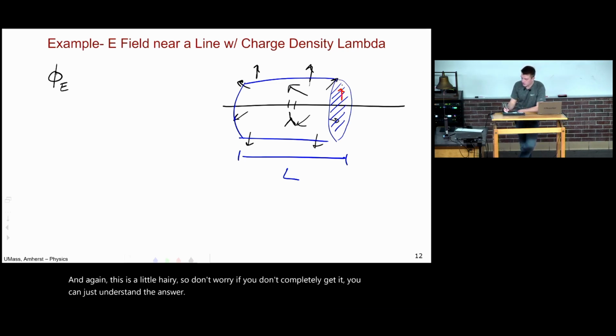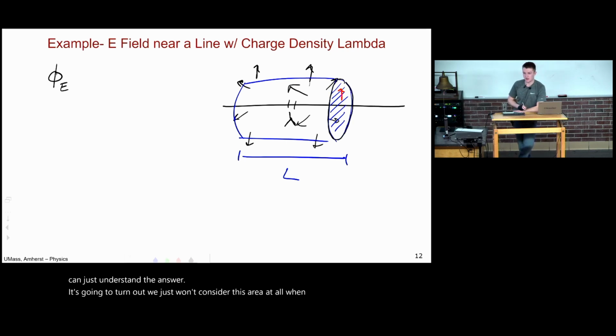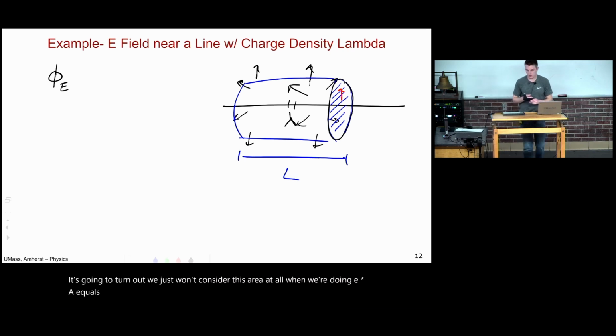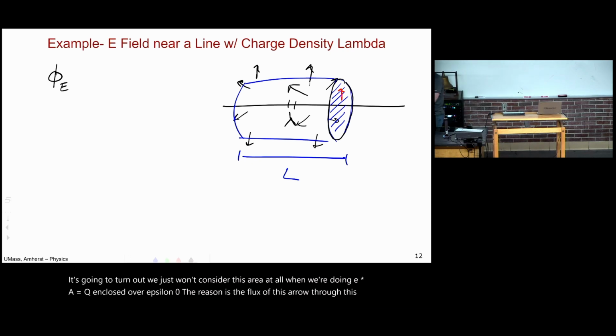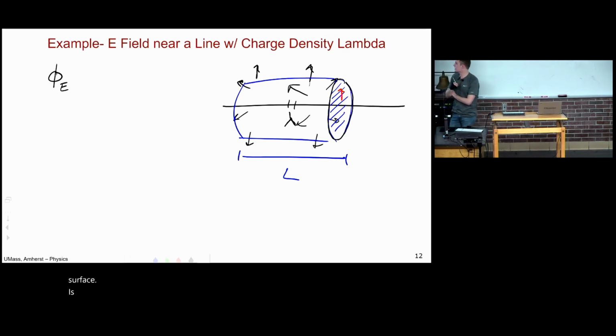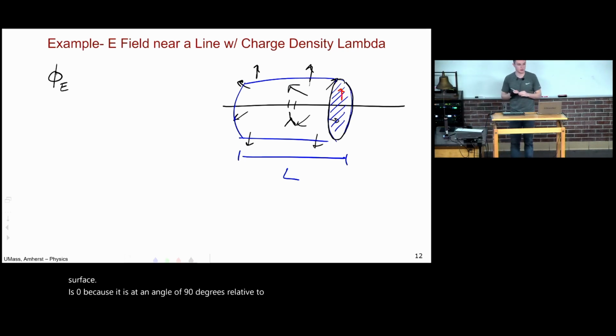It's going to turn out we just won't consider this area at all when we're doing E times A equals Q enclosed over epsilon 0. The reason is the flux of this arrow through this surface is 0 because it is at an angle of 90 degrees relative to the surface perpendicular.